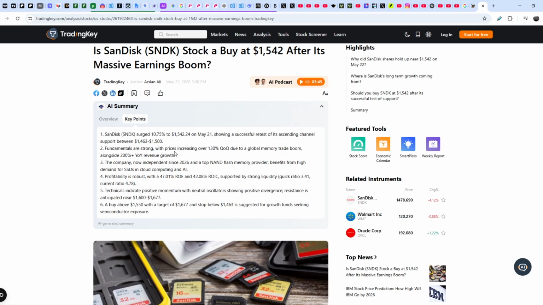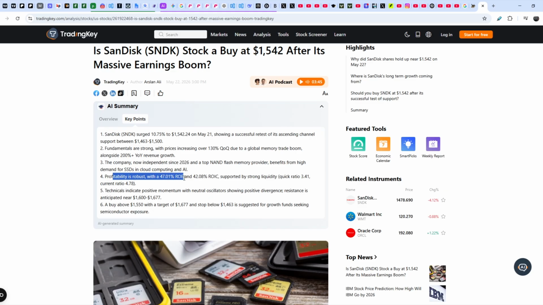Fundamentals are strong, with prices increasing over 130% quarter-over-quarter due to a global memory trade boom, alongside 200% year-over-year revenue growth. The company, now independent since 2026 and a top NAND flash memory provider, benefits from a high demand for SSD in cloud computing and AI.